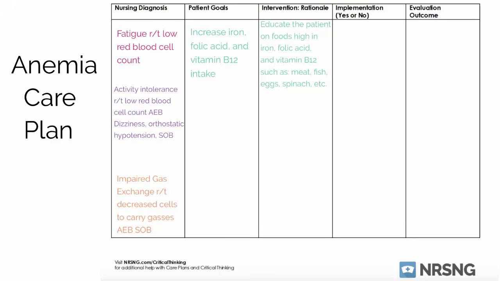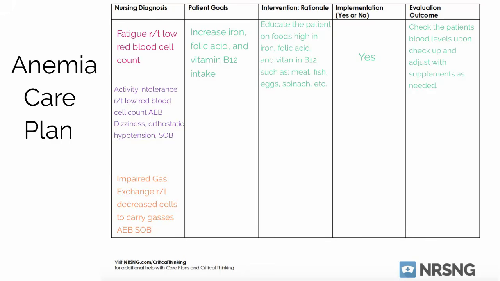Another thing is that if they are unable to increase this amount, you might want to start working on supplements for them. So yes, we're going to implement this. And then to evaluate it, we're going to check the patient's blood levels when they come back to check in and adjust their diet as needed with supplements.